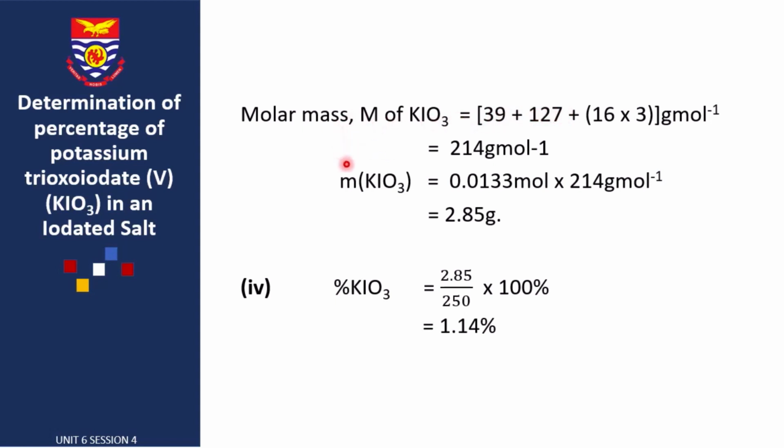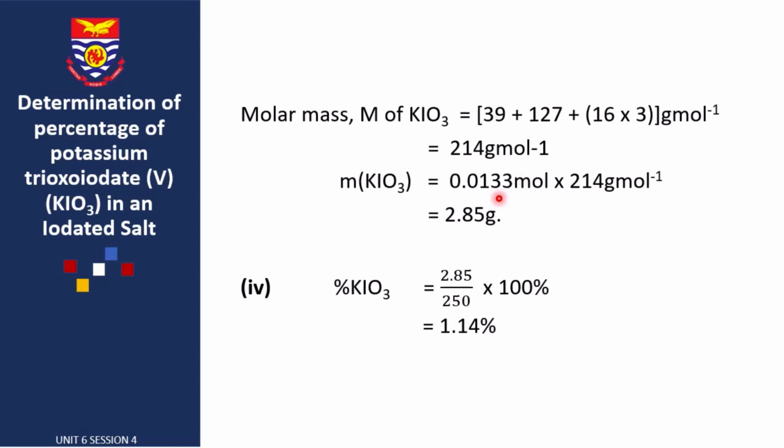So making mass the subject, we have mass is equal to amount times molar mass. The amount is what we found to be 0.0133, and the molar mass is what we have here. So that gives us a mass of 2.85 grams.